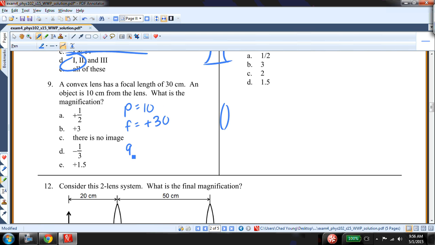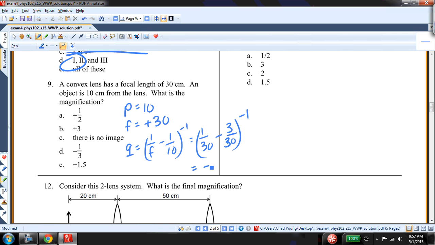What is the magnification? So I first find Q. 1 over F minus 1 over P to the negative 1. That's 1 over 30 minus 1 over P. I'm going to say that's 3 over 30. That's negative 2 over 30, or negative 15 centimeters.